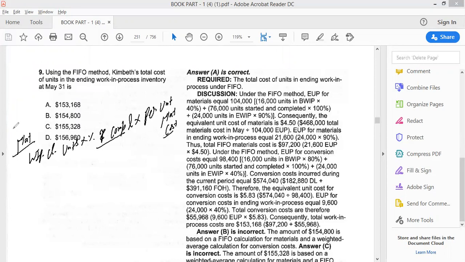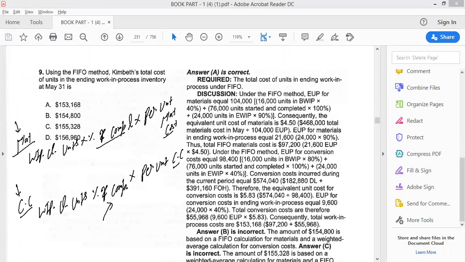This is the first component. Second component, conversion cost, same thing: work in process closing units multiplied by percentage of completion, where here we consider the percentage of completion for conversion cost, and multiply by per unit conversion cost.